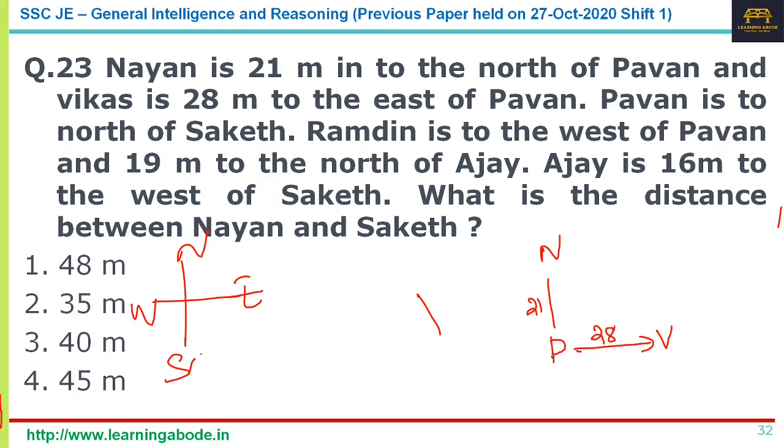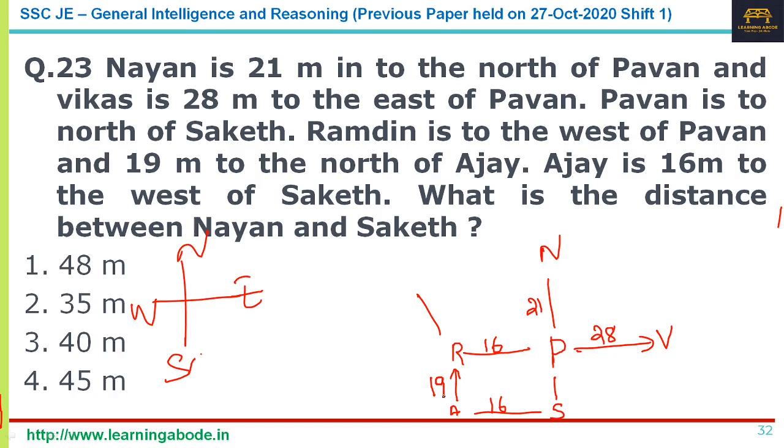If Saket and Ajay distance is 16, then Pavan and Ramadin distance is 16. Between Ramadin and Ajay it's 19 meters, so between Pavan and Saket also it is 19 meters.